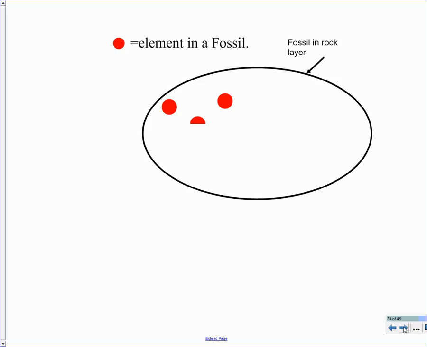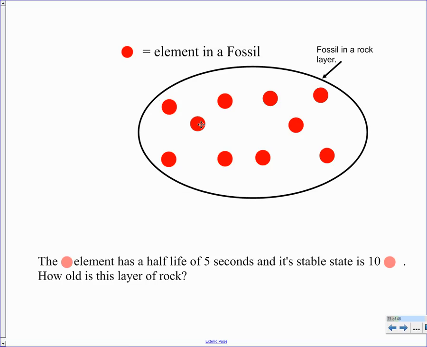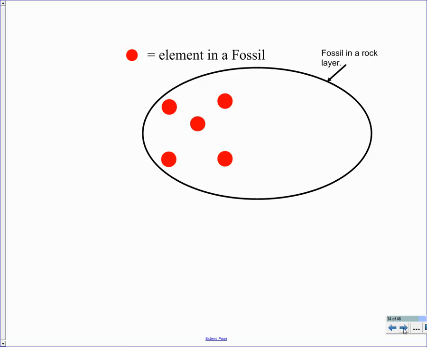In 5 seconds, I need to gain another half of what I have. I had half of this one here. In 5 seconds, I go back, I gain half, which means I'll have half a circle and 2 more. So how old is it now? 10 seconds. I've lapsed 5 two times. That's 10 seconds. Do I have 10 pieces of red dots?